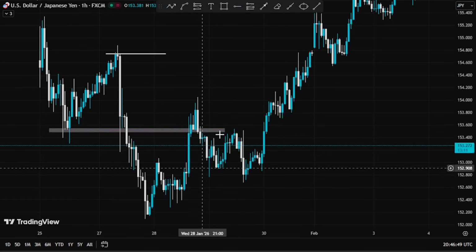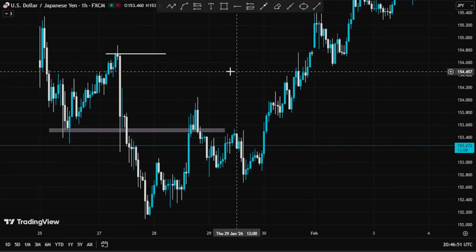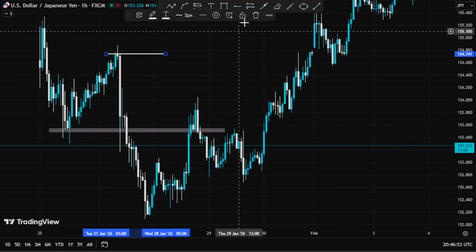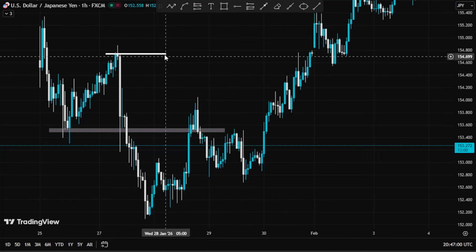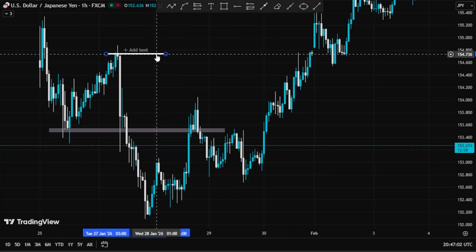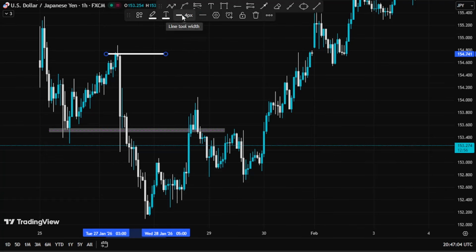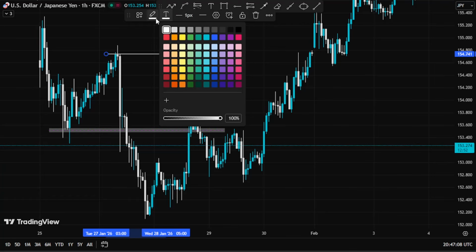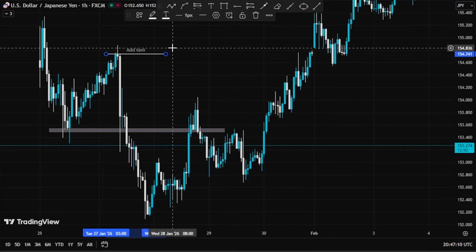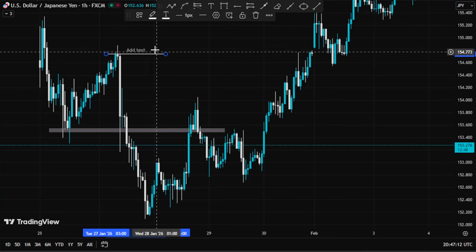So you want to mark out your area with a rectangle tool and not just a line. Or if you want to use a line, you can make the line very thick. But normally I just use a rectangle to mark my levels.